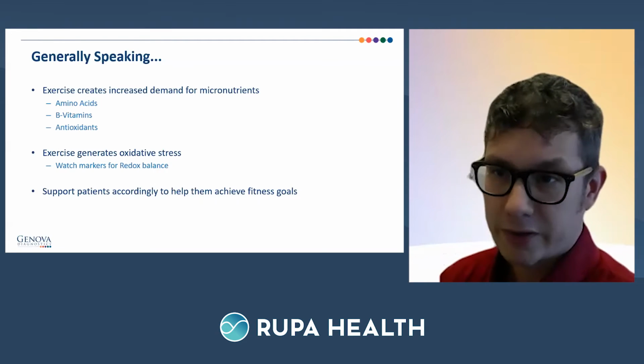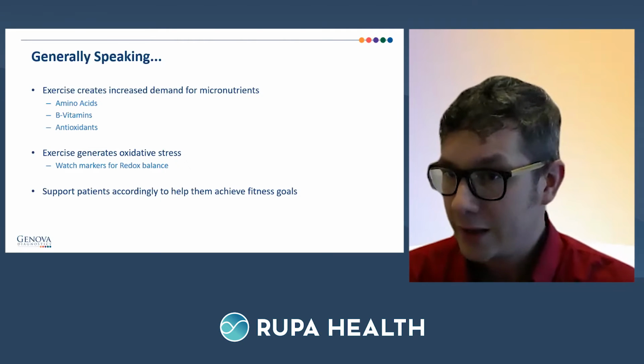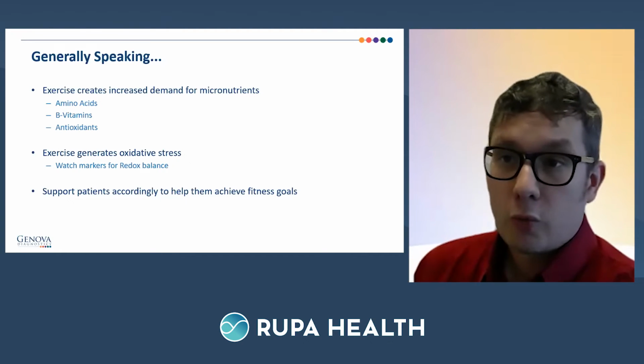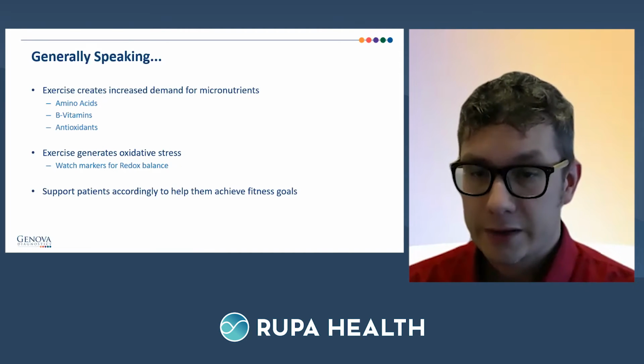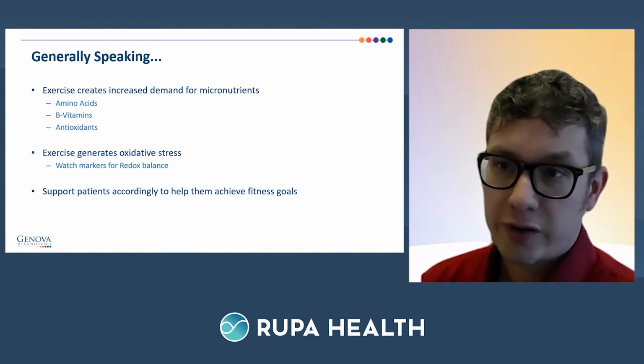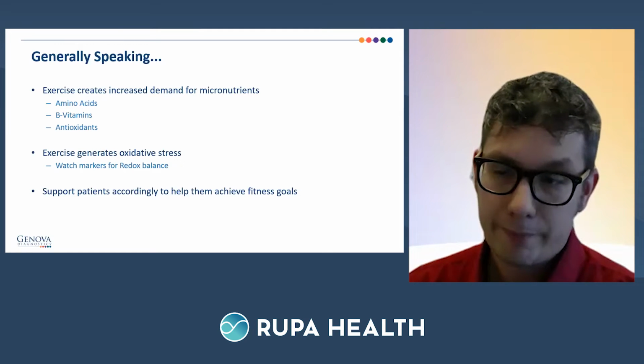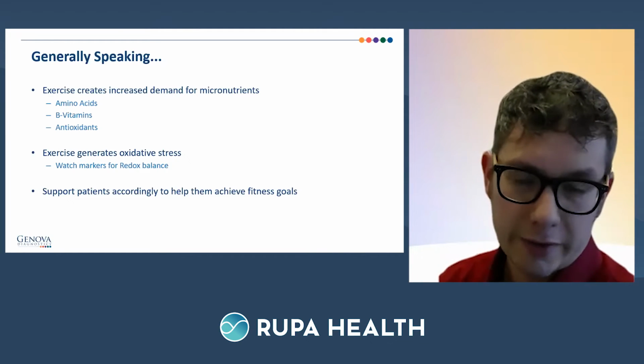Because for one, exercise itself is an oxidant. It creates oxidative stress. So we need to make sure that we're mitigating that oxidative stress with the appropriate antioxidants. And that's a huge thing that can help people boost and optimize their exercise.